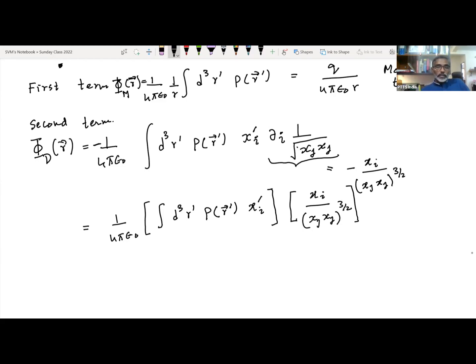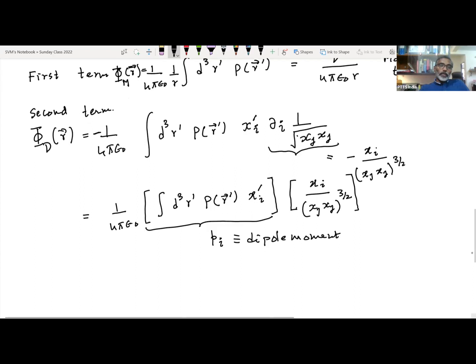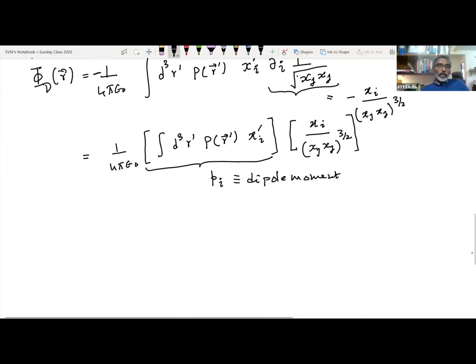Okay, so this quantity in this bracket is what is called pi. This is the dipole moment. This is the dipole moment vector. So when you write down this dipole potential, you will have 1 by 4 pi epsilon naught pi xi divided by xj squared to the power 3 by 2.